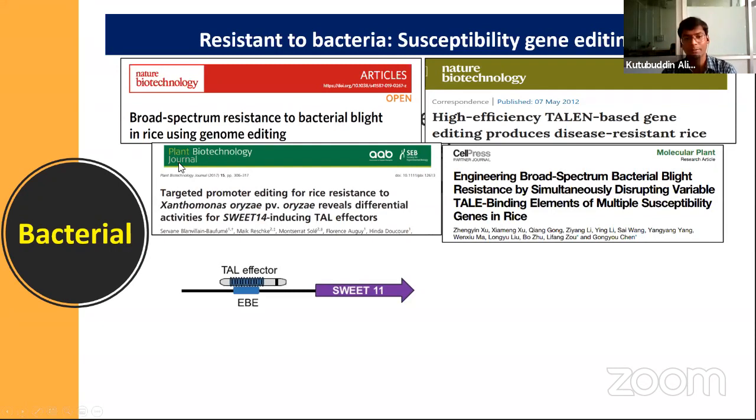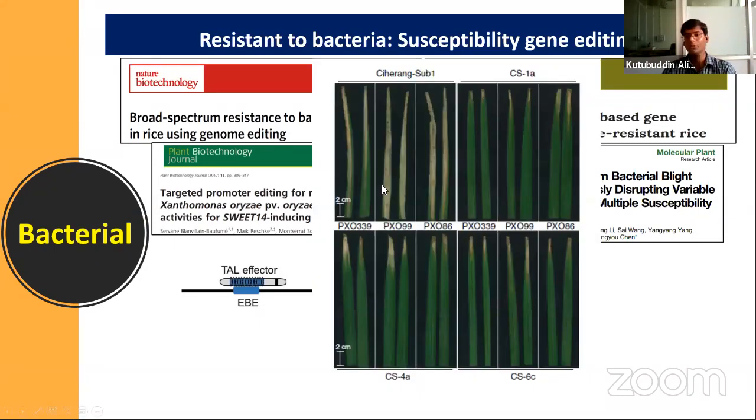This gives broad spectrum resistance, because if you disrupt more than one SWEET gene in one go, you can develop broad spectrum resistance using this technology. This is a very classical example of how genome editing can be utilized to rapidly develop disease resistance against bacterial pathogens.